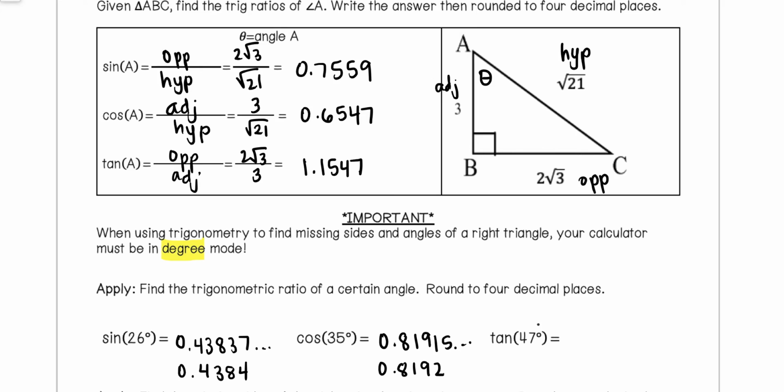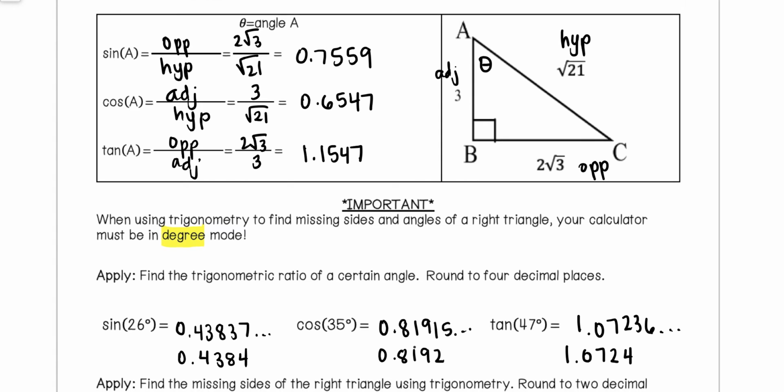Tangent of 47, you type in tan, T-A-N, parentheses 47, and then you would write 1.0236 and so on. It comes out. So we do need to end up rounding this because of that 6. It will bump the 3 into a 4. So these are our four places after the decimal rounded to there. Always look at the 5th place to decide how you're going to round to the 4th place.